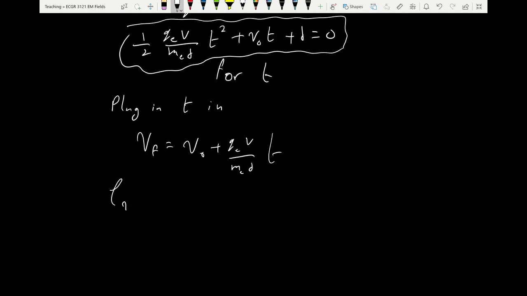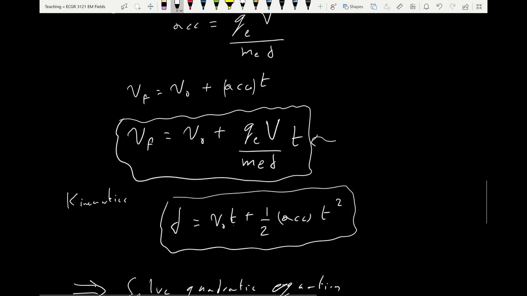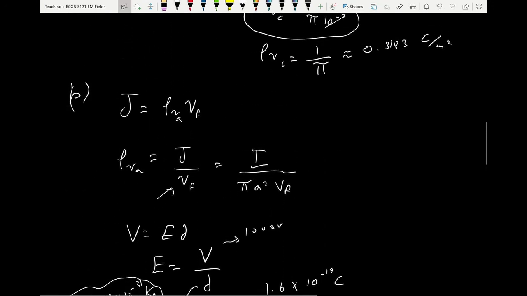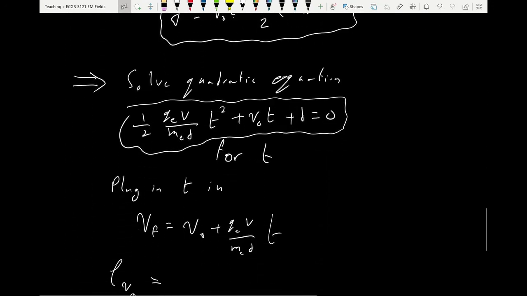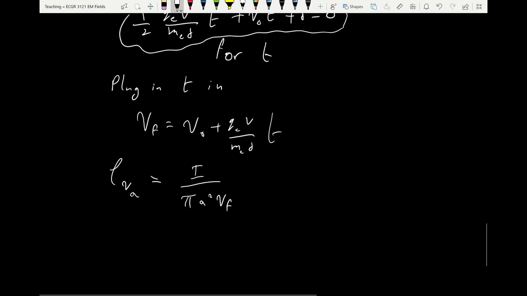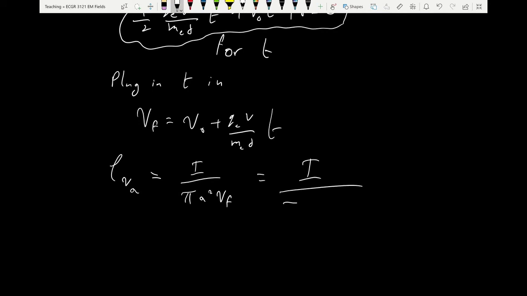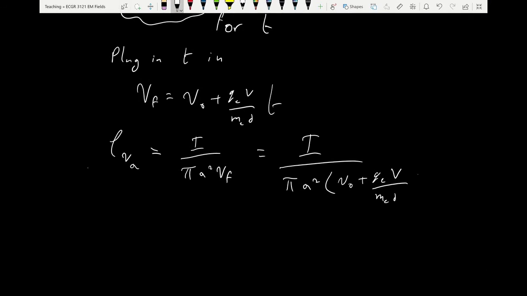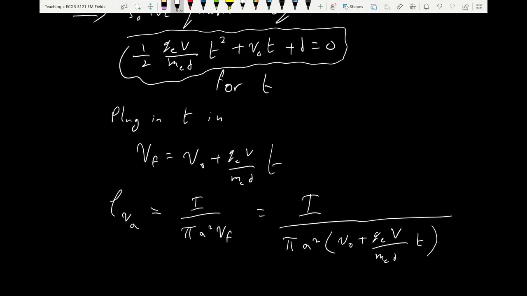And then finally, we plug it into the equation for rho_v at the cathode, the charge density, which is I over pi a squared vF. Or I over pi a squared, and instead of vF, I'll write in v0 plus q_e V over m_e d times t, and that's it. Everything is known here. t, we found it from solving this equation.